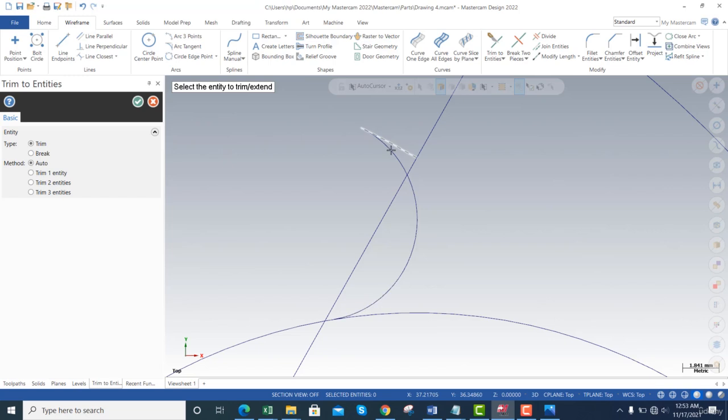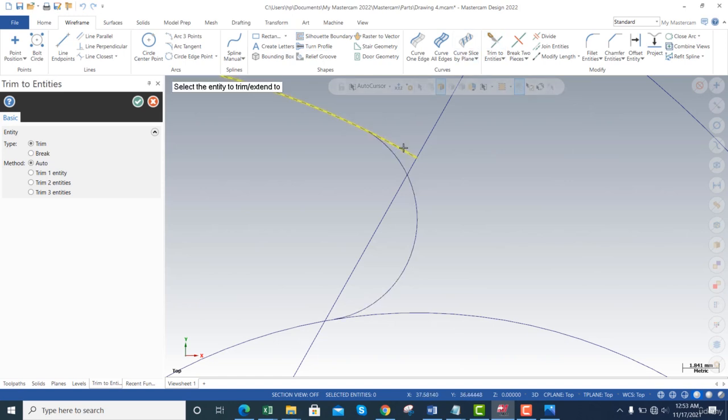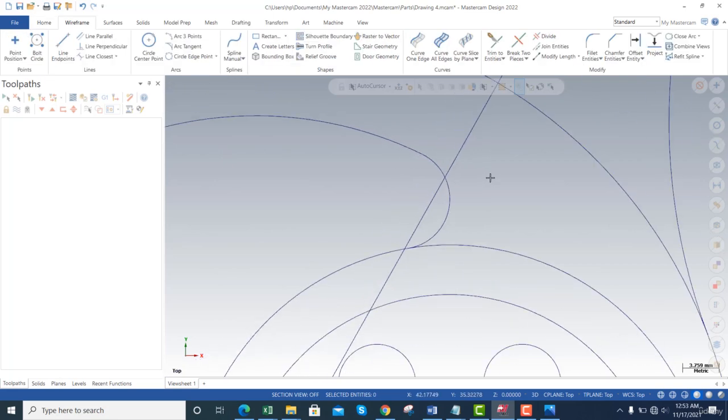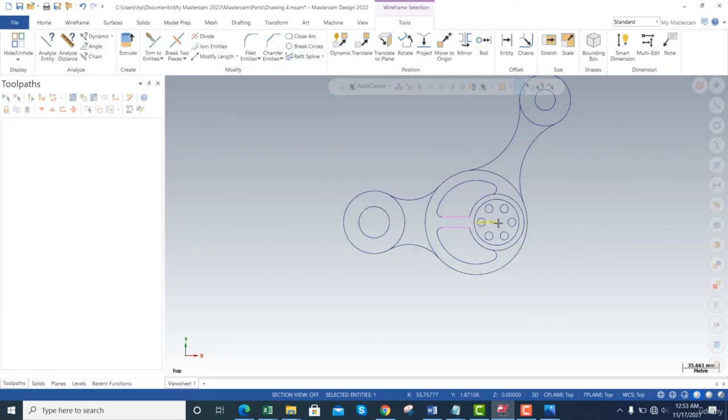Now this, oh no, Control Z. Again trim, I want to trim this line using, okay, so it's deleting this one, so I will just break it. Now we can delete this portion. Okay, so let's delete the center line so the drawing will look more attractive.